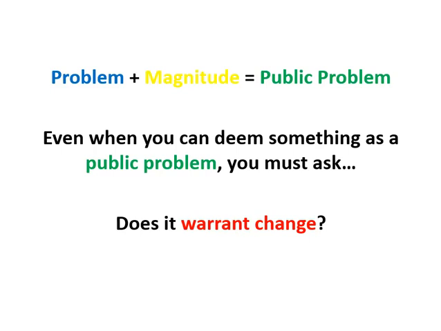We can identify public problems, but if there's no magnitude of the impact or number of folks being adversely affected, then it's not a public problem. So you need to have it identified as a problem. We've given you much of how to do that. And you need to have magnitude. But even when you can deem something as a public problem, you must ask the question, does it warrant change? You have to dig deeper.